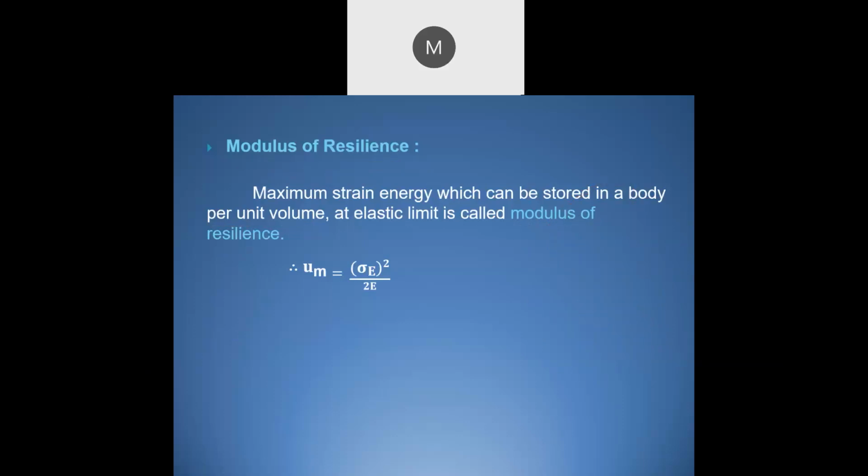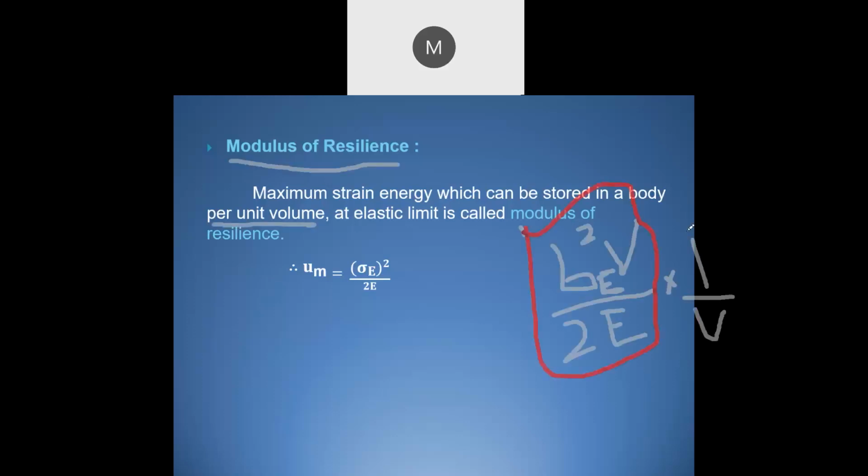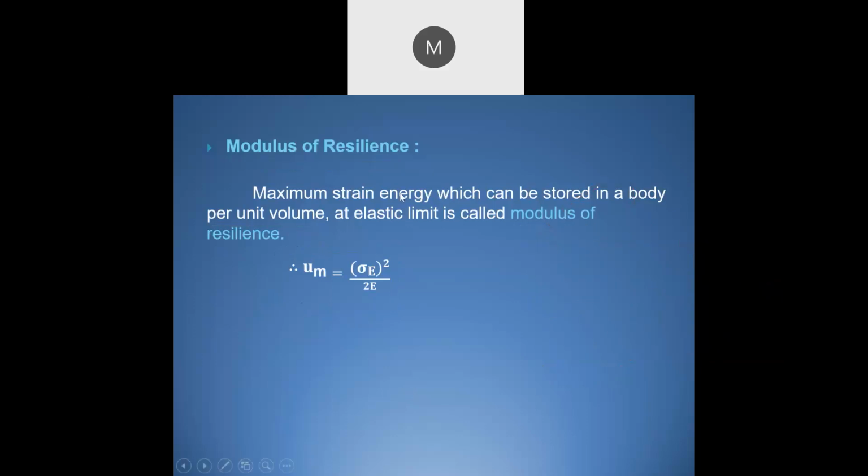So this V and this V get cancelled out. So we'll be getting this star. This is the modulus of resilience. I hope this is clear with every one of you.